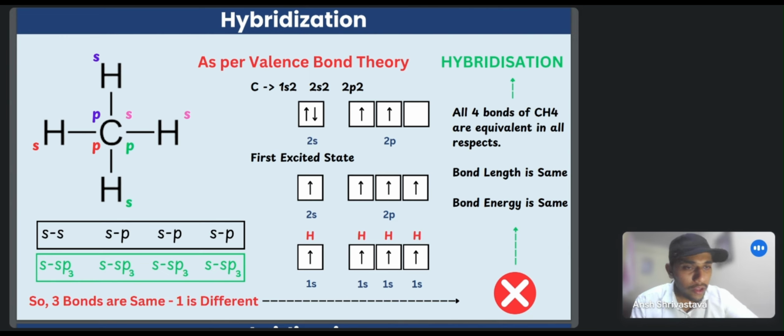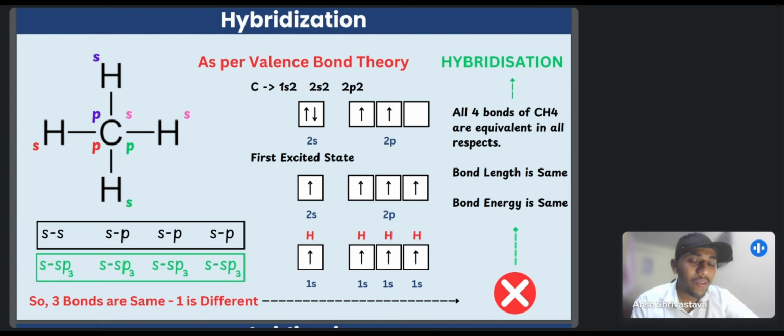Now what you can take away from this is that this diagram suggests that we have one s bond and 3 p bonds here. So theoretically you would say that 3 bonds are identical while one is different, right? Wrong. This is not correct. In reality, all 4 bonds in CH4 are equivalent in every respect, which means the bond length is the same for all 4 carbon-hydrogen bonds and the bond energy is also identical.